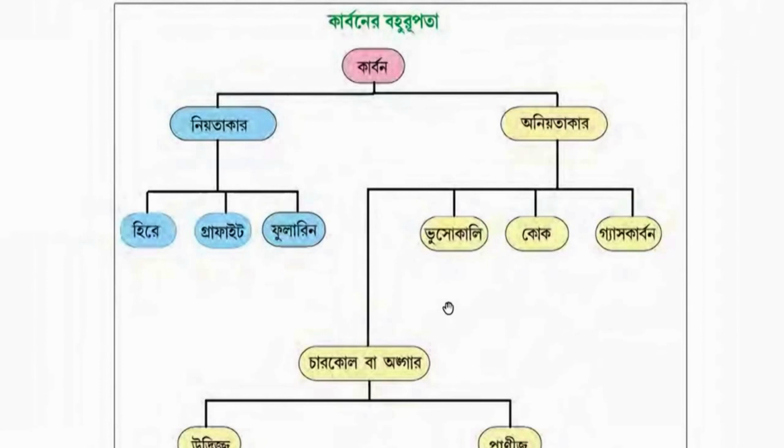Lamp black is produced when a kerosene lamp or a mustard oil lamp, pradip in Bengali, burns, and if you keep a plate or a paper just above the flame at a height, then it is found that black dust deposits on the paper or the plate, and that black dust is known as lamp black, and that lamp black is generally used to prepare black color.